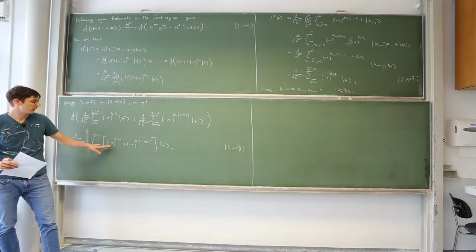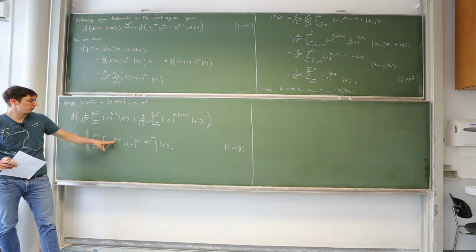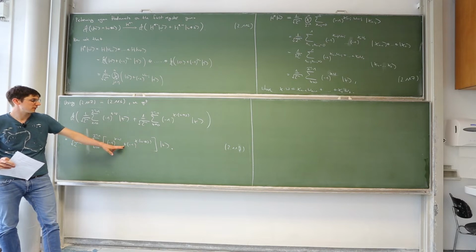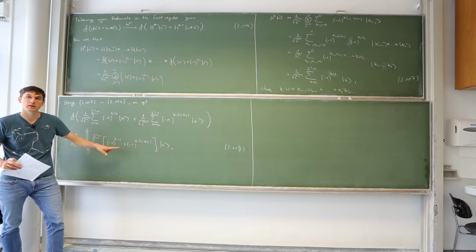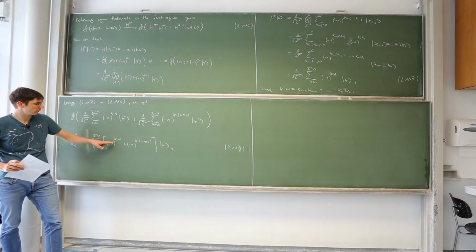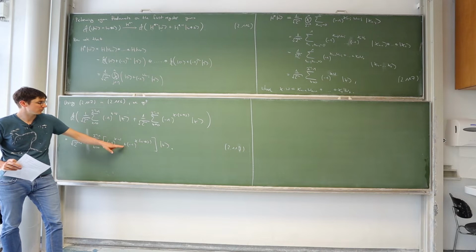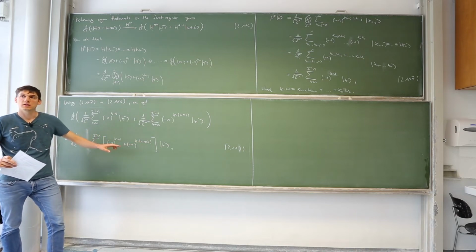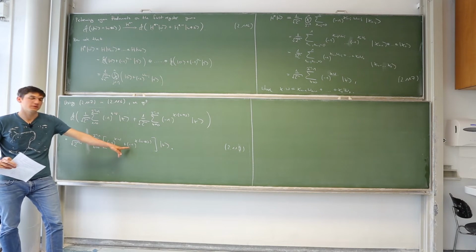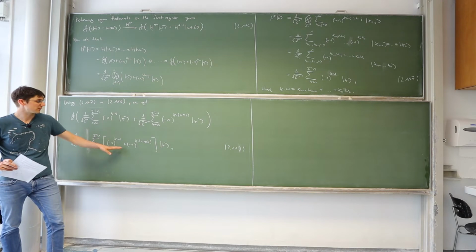And then we know that minus 1 to the power of x times w must be the same. So this term minus 1 to the power of z times w must be equal to minus 1 to the power of z times w plus s. Because otherwise, if this is not the same, then this would vanish. Because it's only plus 1 or minus 1.